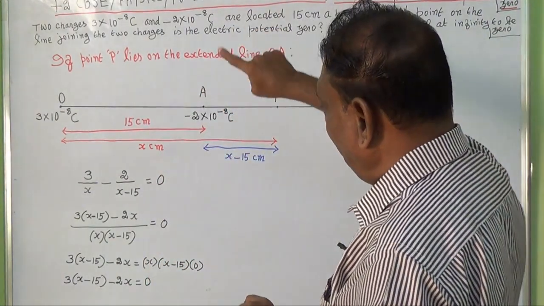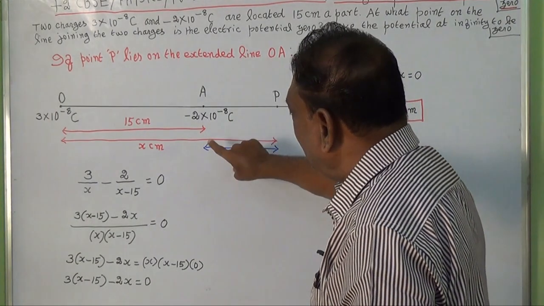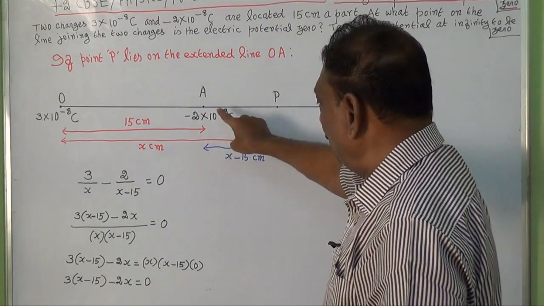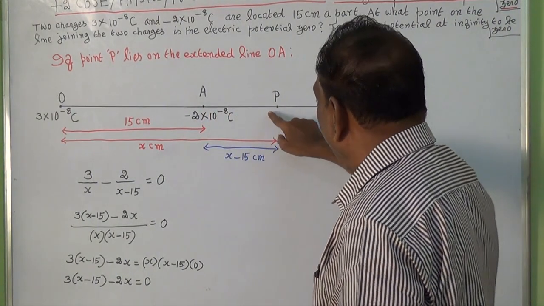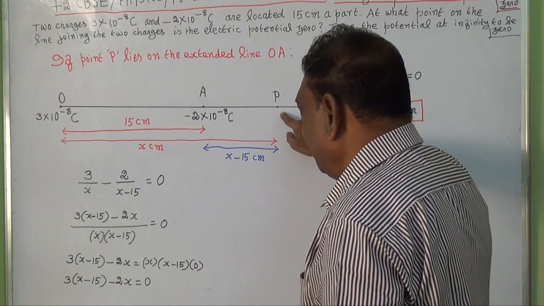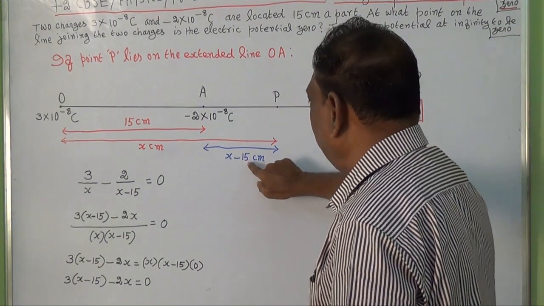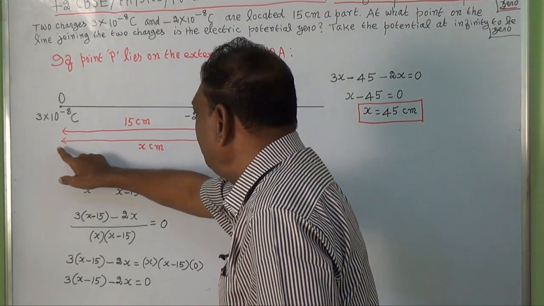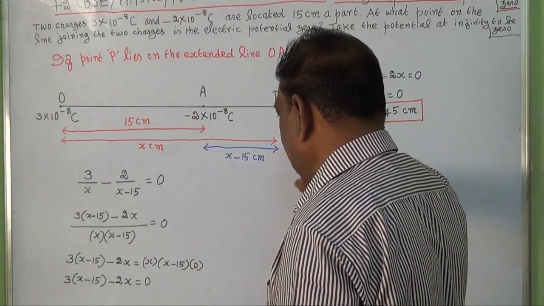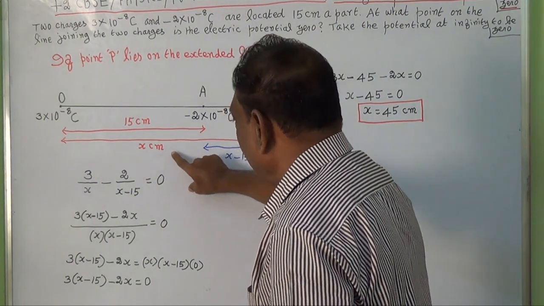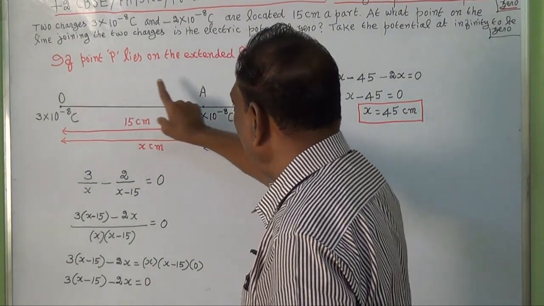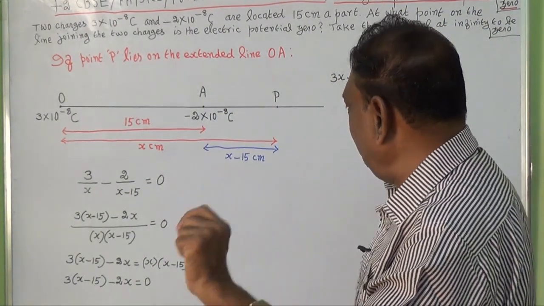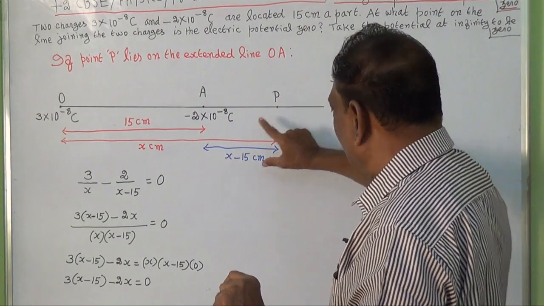Then what will be the distance between the negative charge, that is minus 2 into 10 to the power of minus 8 coulomb, and the point P? It will be x minus 15 centimeter, because the total distance from O to P is x centimeter. The distance between O and A is 15 centimeter, so that the distance between A and P is x minus 15 centimeter.